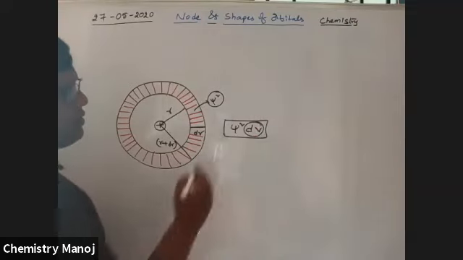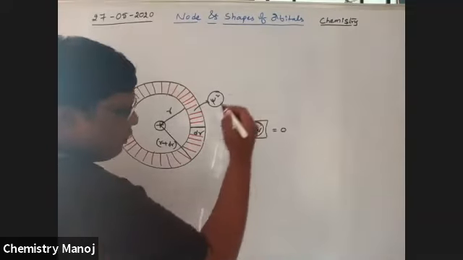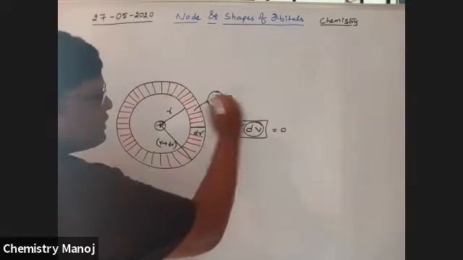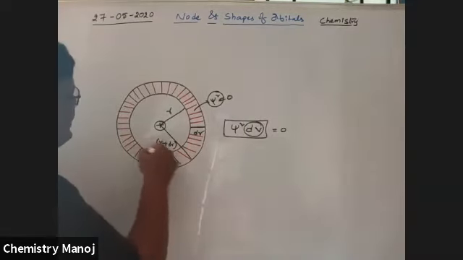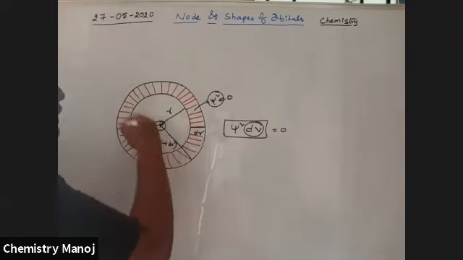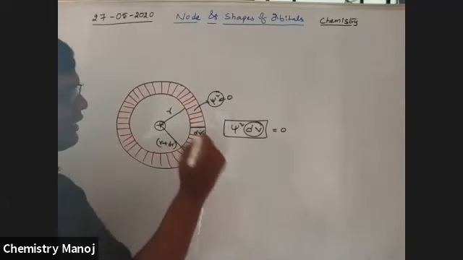If this value is equal to 0, that means this is the region where ψ², the probability of finding an electron, is 0 in a certain volume.